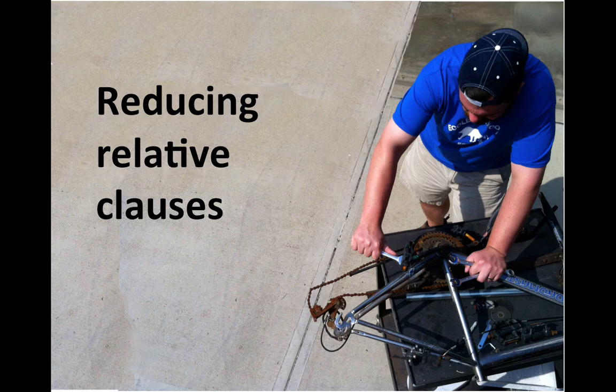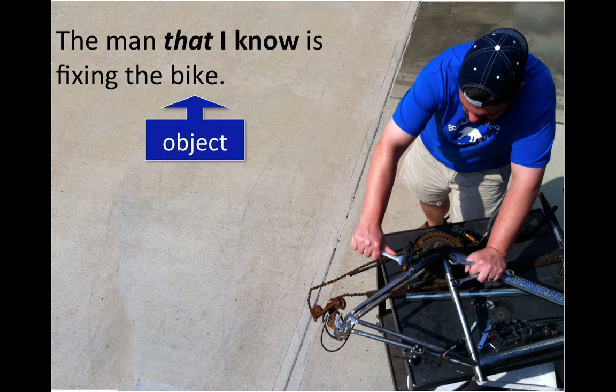Let's talk for a minute about reducing relative clauses. It's possible to reduce these, and you'll hear these very, very often. So, if the relative pronoun in a relative clause is an object, it's possible to reduce the relative clause. For example, the man that I know is fixing the bike. In this case, that, the relative pronoun, is the object.